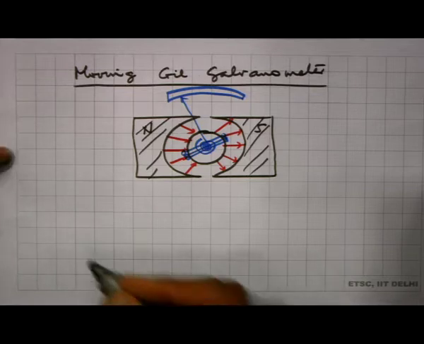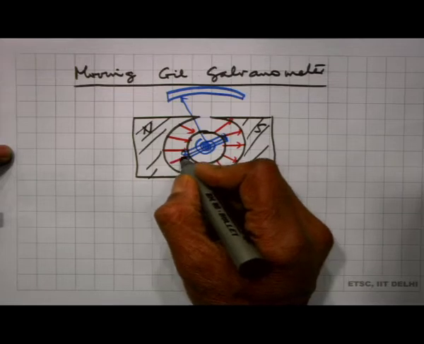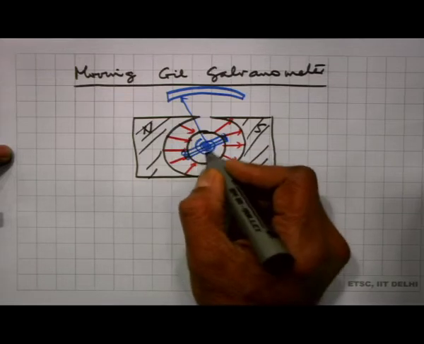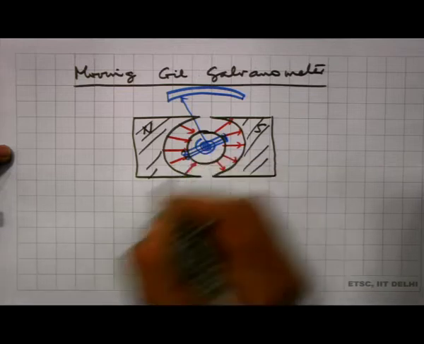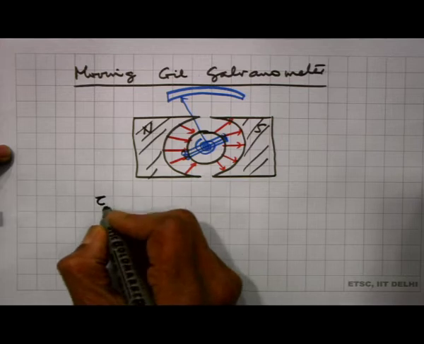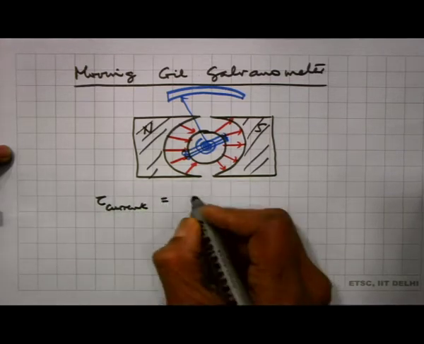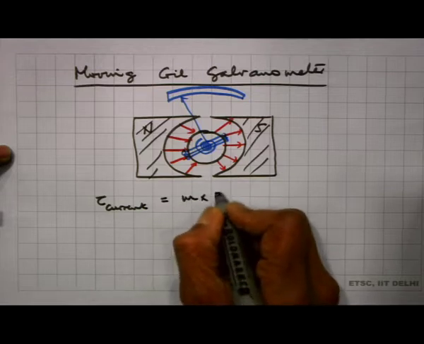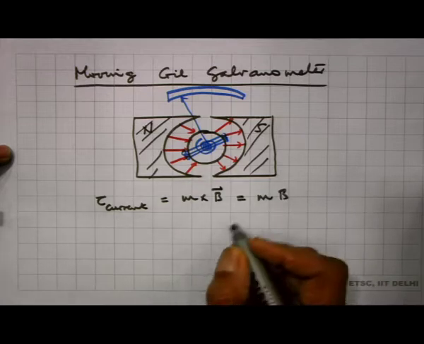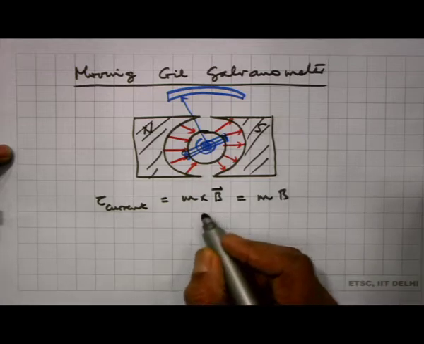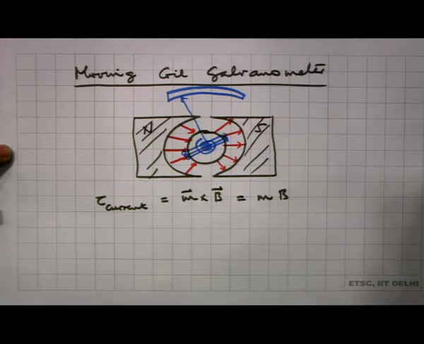Because you can see here that the current is always perpendicular to the direction of the magnetic field, the magnetic field is radial pointing toward the center here. So, the current carrying conductor is always perpendicular to the field, and so we can write the torque due to the current is equal to m cross B, which is actually m times B, because the dipole moment is always perpendicular to the magnetic field here.